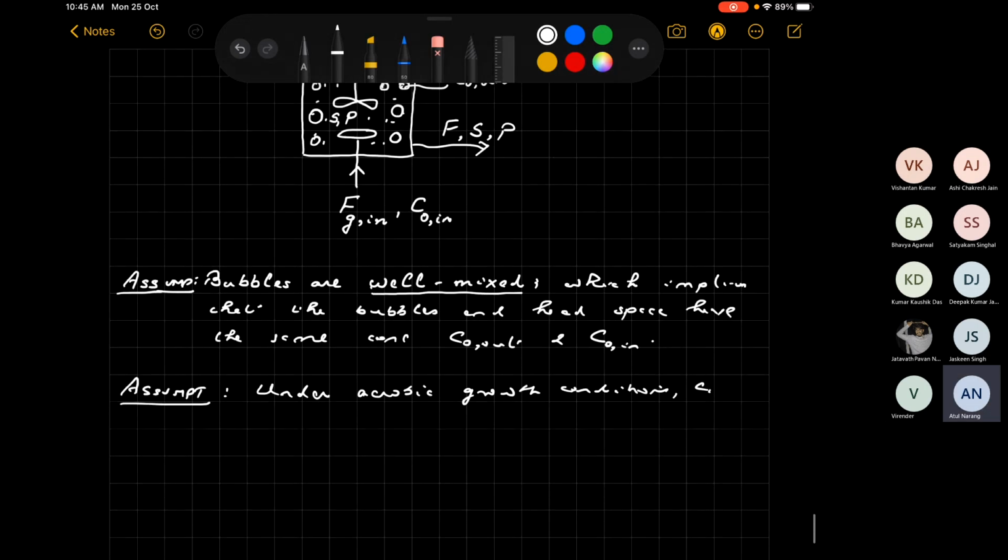I should say CO out is certainly less than CO in, but it is close to CO in. I mean, the two are not terribly different. There's only a small decrease in the level that you observe.